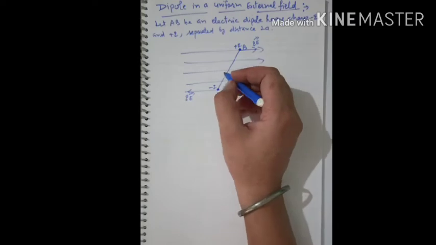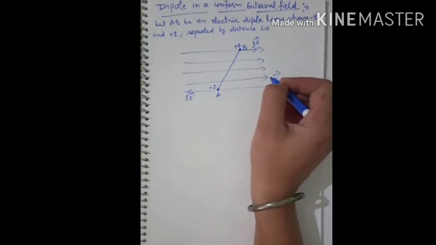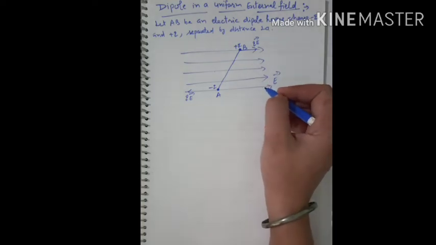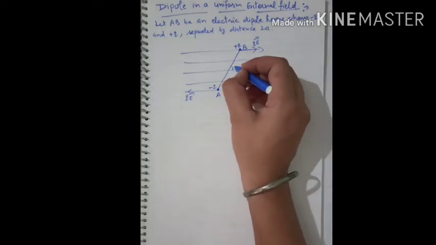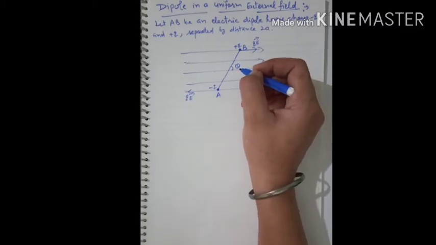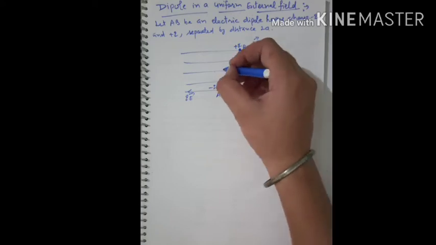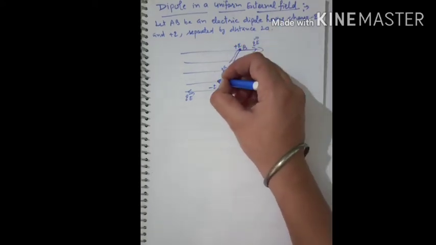Let this dipole be placed in a uniform electric field of strength E, in the direction making angle theta with the E vector.